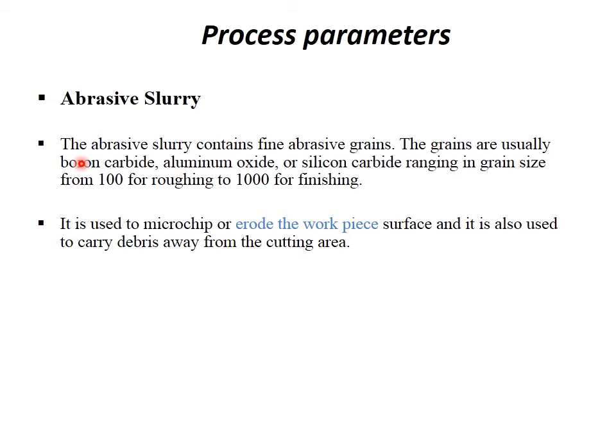If I have a hard material, for example if I want to cut steel by ultrasonic machining, I may have to go for boron carbide. But if I want to cut aluminum, I will restrict myself to maybe aluminum oxide or silicon carbide. No need to go for boron. So the abrasive slurry is selected depending on the hardness of the workpiece.